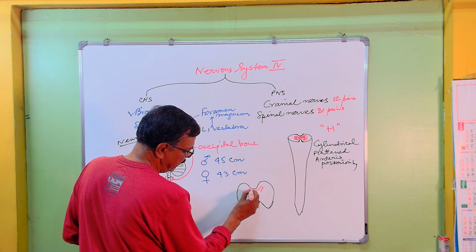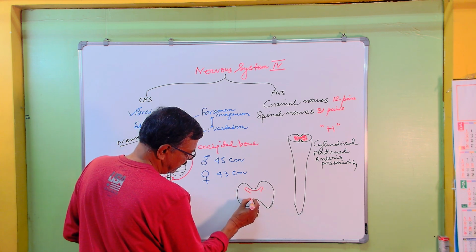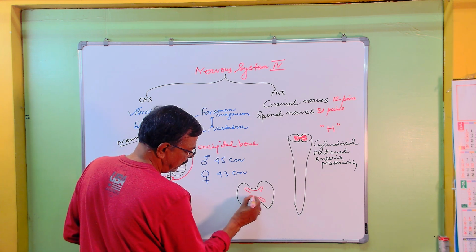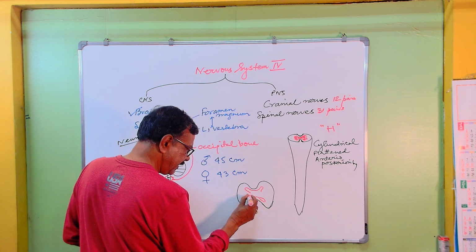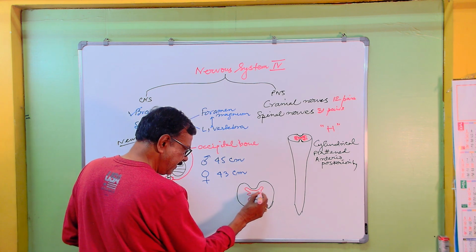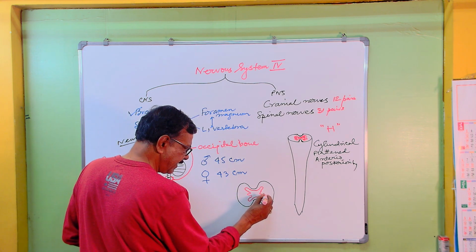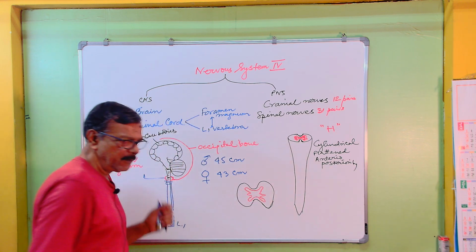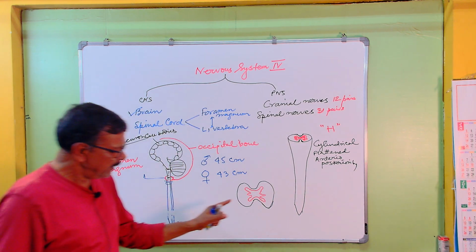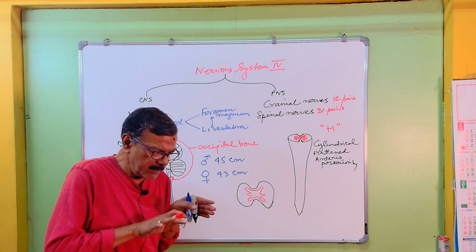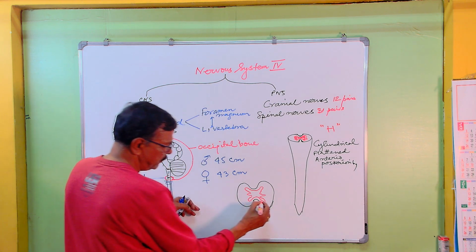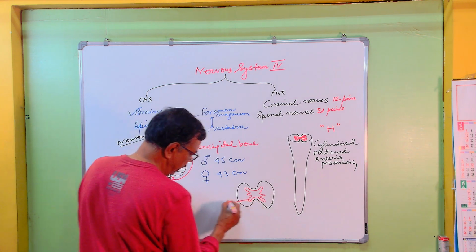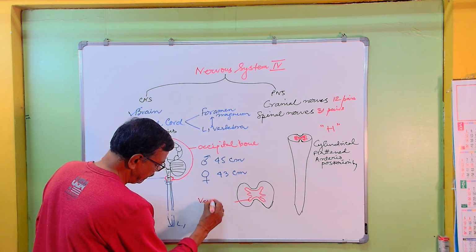This is a horn, this is a horn, this is a horn, this is a horn, and there is another horn here, and another horn here. So these two are on the ventral side, so we will call them the ventral horn.